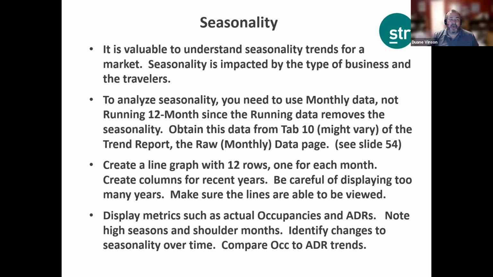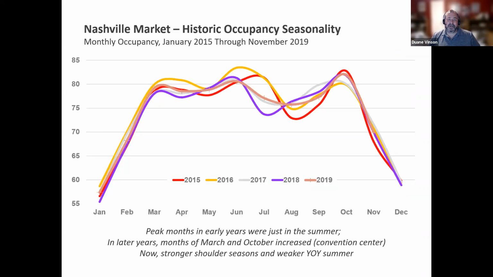Because that's going to remove the seasonality, which is exactly what we want to look at here. So you want to use the monthly data. We're going to create some line graphs with different rows for each month throughout the year. We're going to stack those then in the same graph to show our seasonality. Here's the example of what that would look like for Nashville occupancy.